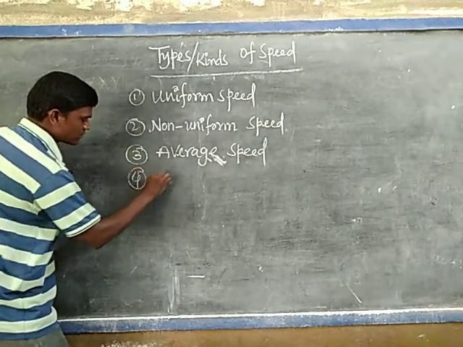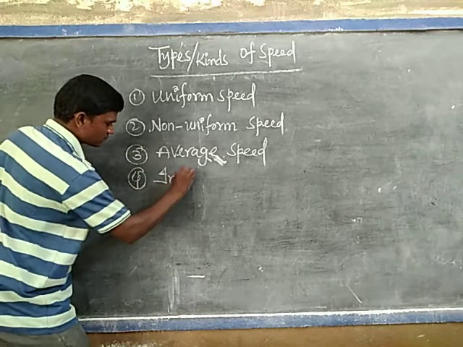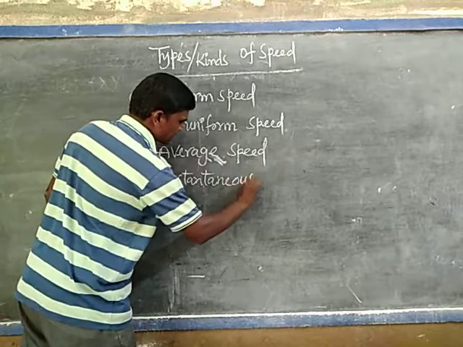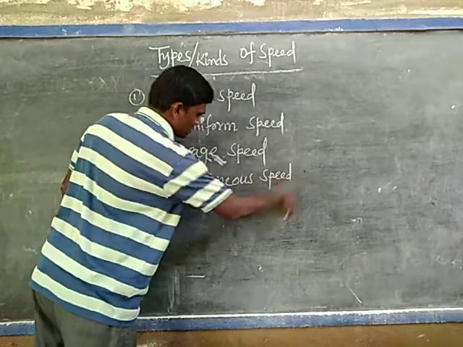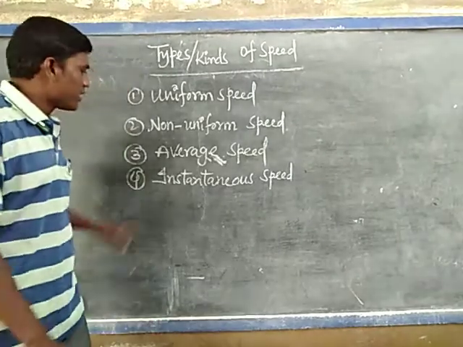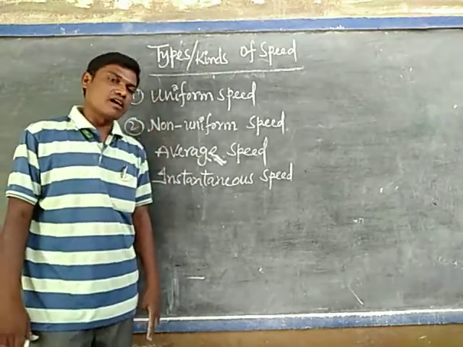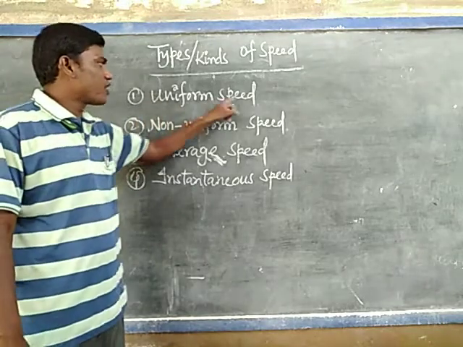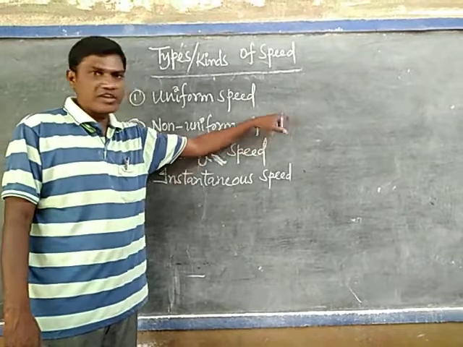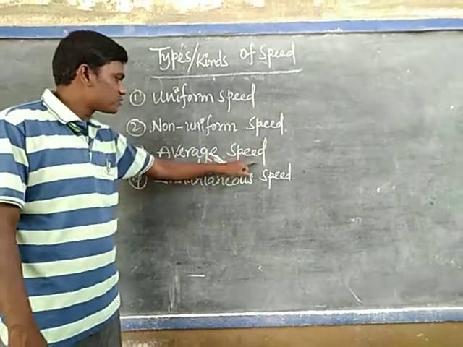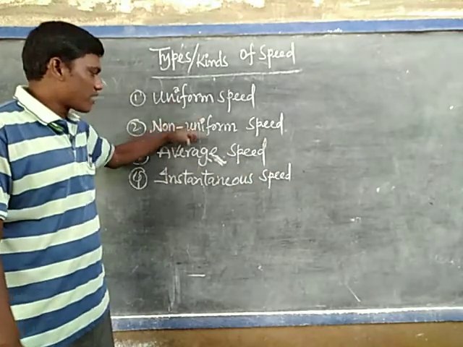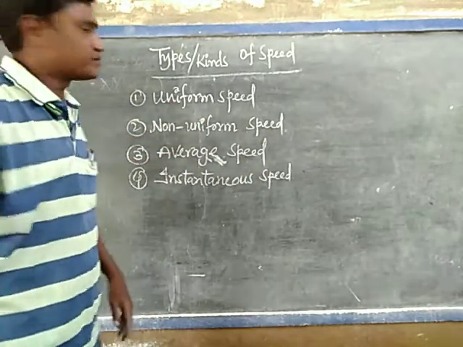And the fourth one, instantaneous speed. So how many kinds of speed are there? Mainly 4 kinds: uniform speed, non-uniform speed (also called variable speed), average speed, and finally instantaneous speed. Now we discuss them one by one.